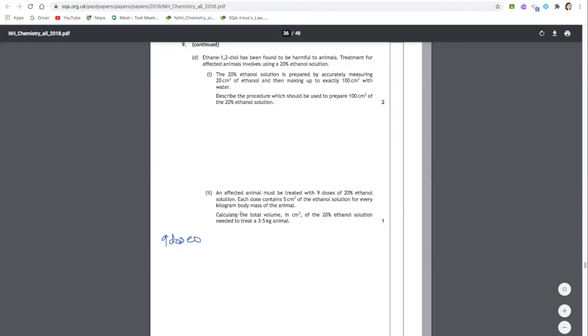So we're trying to work out the total volume of the solution needed to treat a 3.5 kilogram animal. Per kilogram, they need 5 centimetres cubed. So if the animal weighs 3.5 kilograms, then we need to times that by 3.5. So 5 times 3.5, that's 17.5.